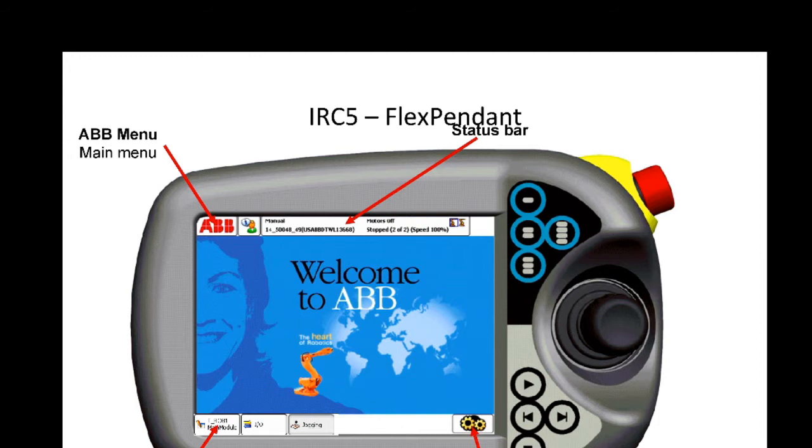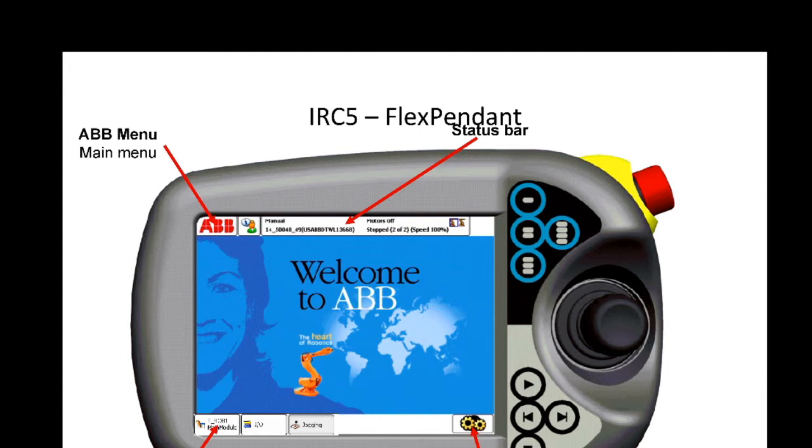In this flex pendant you have the options shown here. Okay, these are all the options. Programmable keys over the top of the pendant. Joystick, a three-way joystick, with which you can move the robot. You can jog the robot from this key.